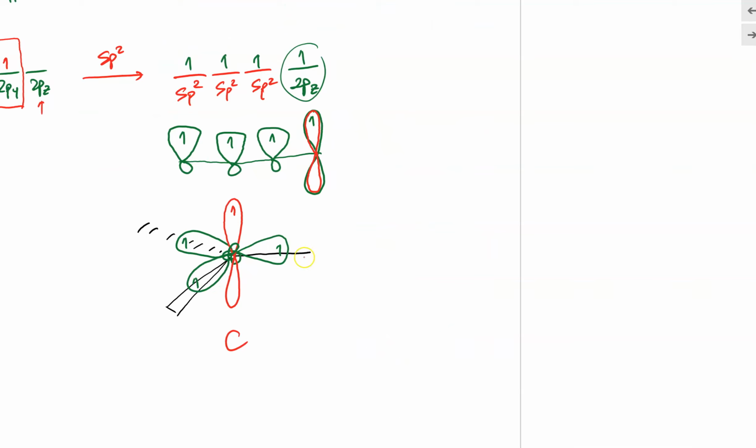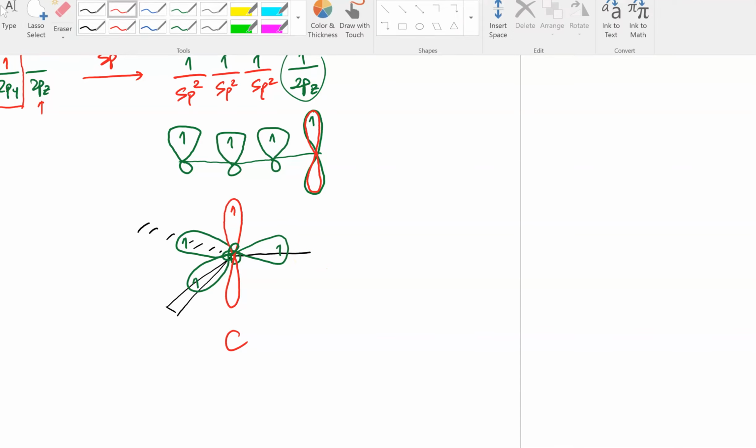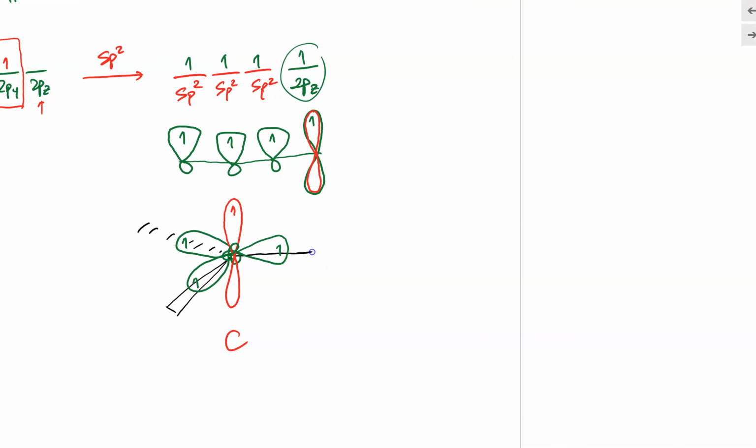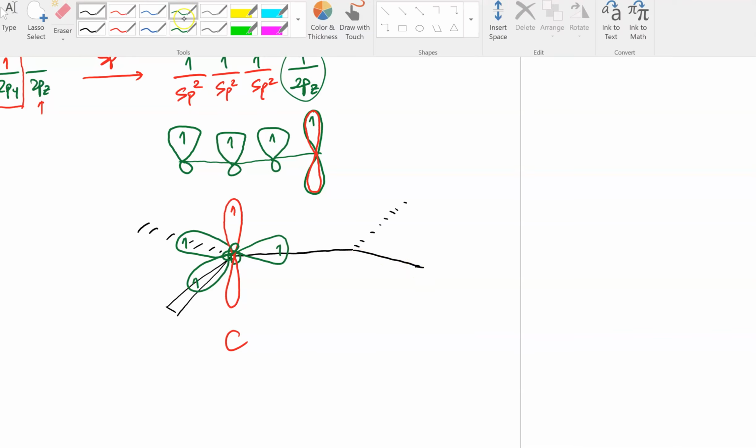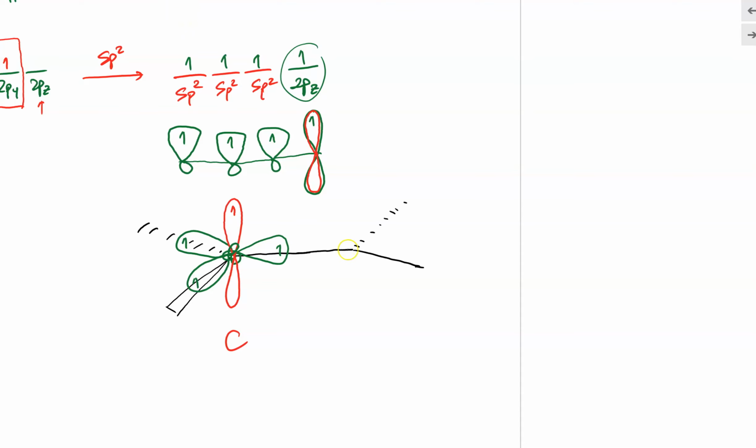And so I'm going to start drawing the other carbon by continuing from here. So starting from here, I'm going to construct another sp2 backbone, and I'm going to put in the orbital. So here we go. And now this orbital overlaps with the other one to form a bond.